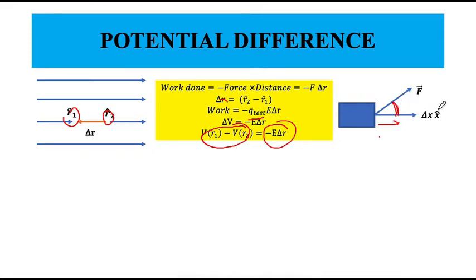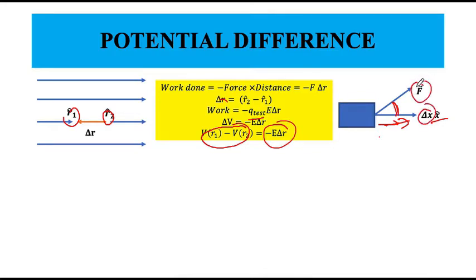So if I call this delta x as a vector, or delta x hat as the vector element, the direction along which I am moving, the amount of work done is actually the dot product between F and the displacement vector.